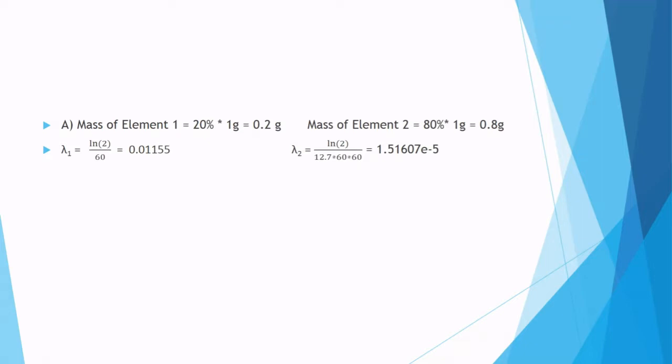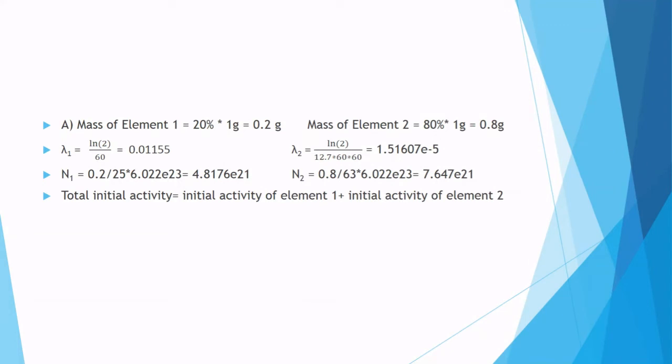Now, to calculate the initial activity, we need to find the number of nuclei initially present for each element. To do this, we take the mass of each element divided by its molar mass multiplied by Avogadro's number. Now we have all the information we need to solve for the initial activity.